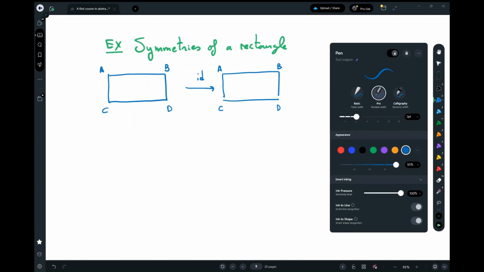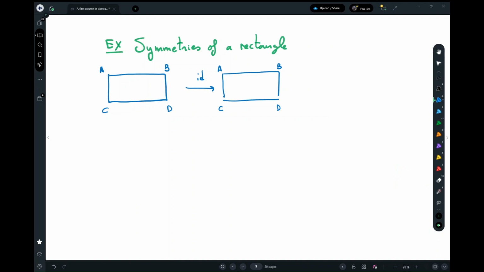I can do a 180 rotation, so I can go from here to here, and you see that a 90-degree angle would not respect the rectangle, but a 180 will bring A here, and then you can see that B will be here, and then C and D would be there.